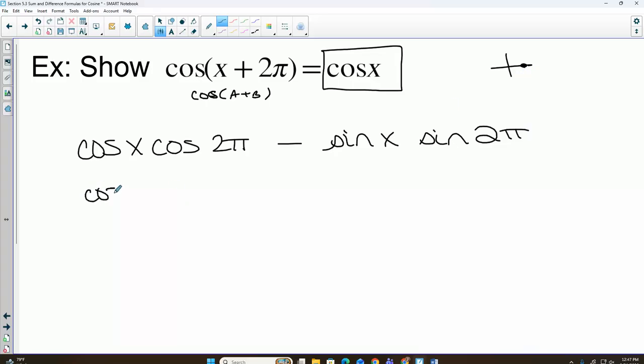So I have cosine of x times, what is the cosine of 0? 1. Or if you think about it on the unit circle, this is (1, 0), cosine is the x. Minus sine of x times, what's the sine of 2 pi, or the sine of 0?